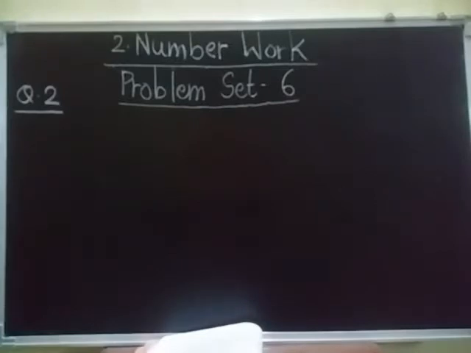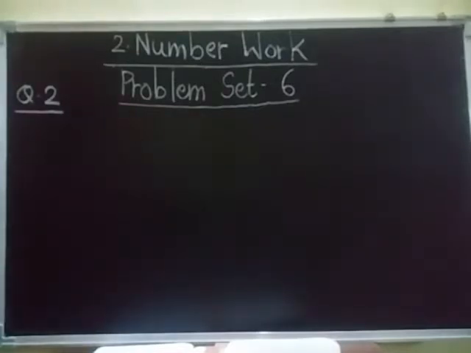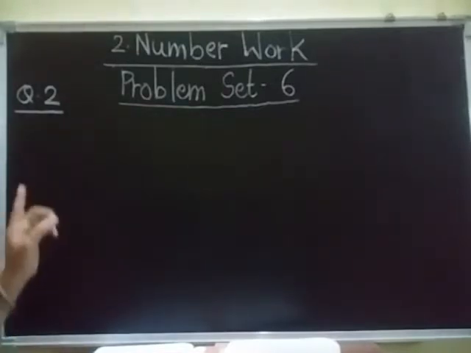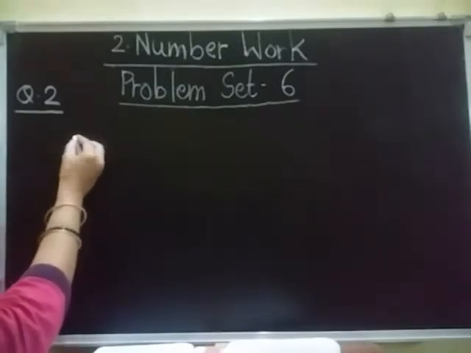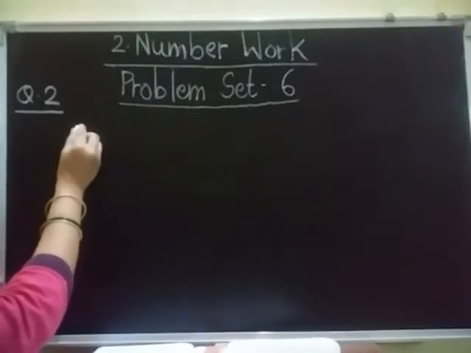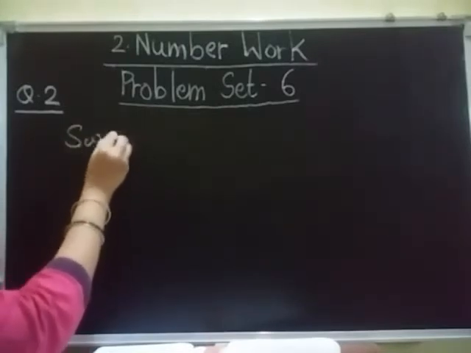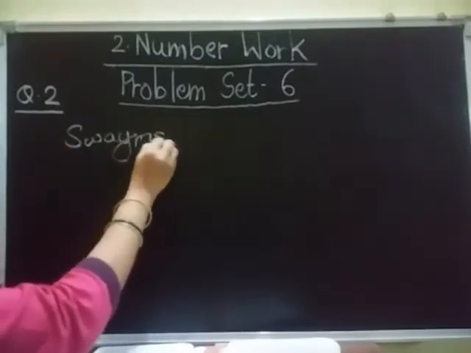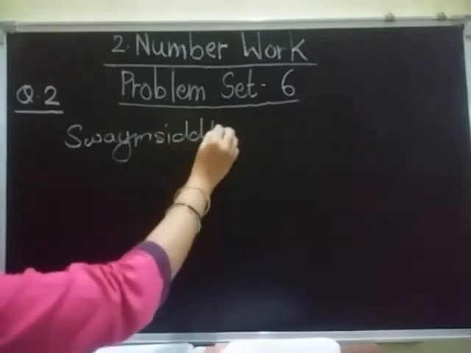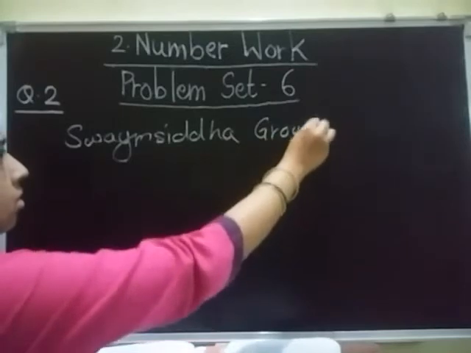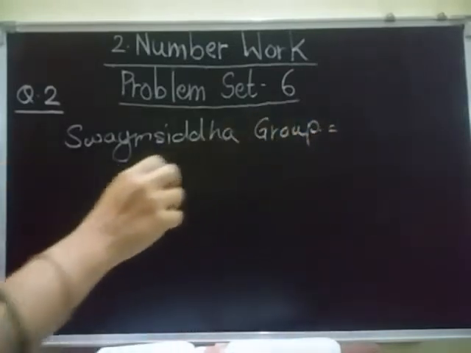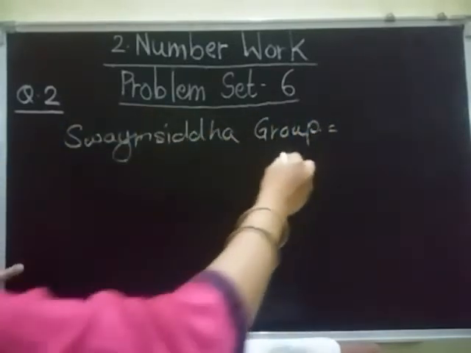So very first, as I told you the rules, what we have to do? We have to see the numbers. The numbers are given: Swayam Siddha group, how many papads they made? 3,45,000.